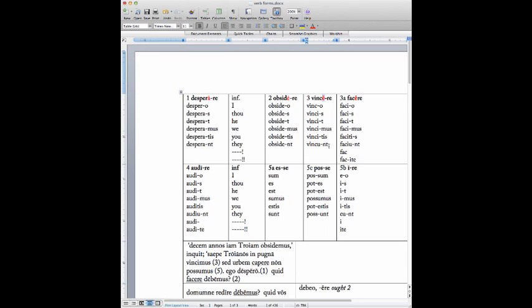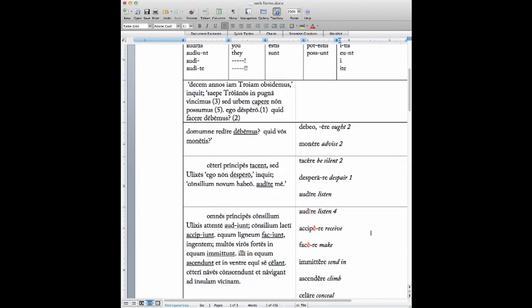But you see the third person plural for vincere is vincunt, but the third person plural for fecere is faciunt, just like our forms that we have down here, accipiunt and faciunt. So for this one you'd write 3A, and for this one you'd write also 3A.